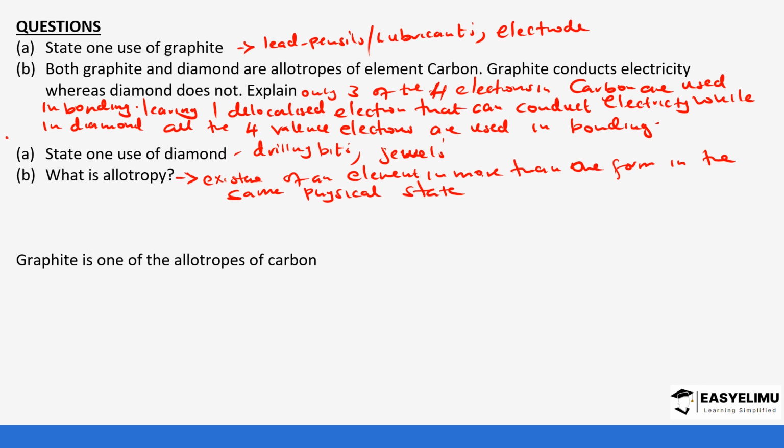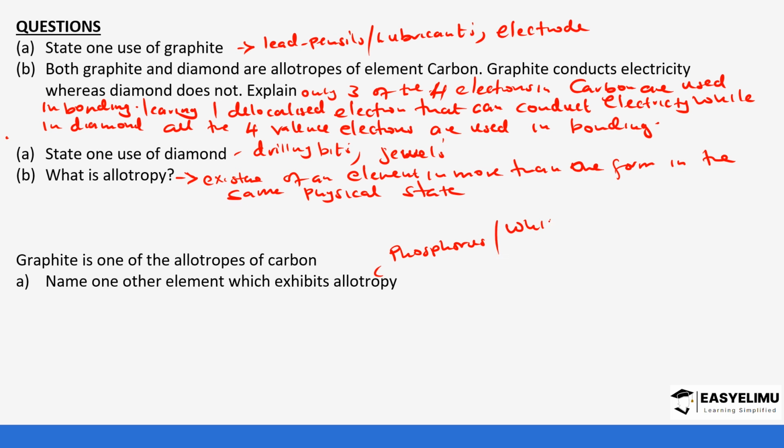And then graphite is one of the allotropes of carbon. Name another element which exhibits allotropy. So the other element that exhibits allotropy is phosphorus. We have white phosphorus and red phosphorus, and the one used to make matchboxes is usually the red phosphorus.